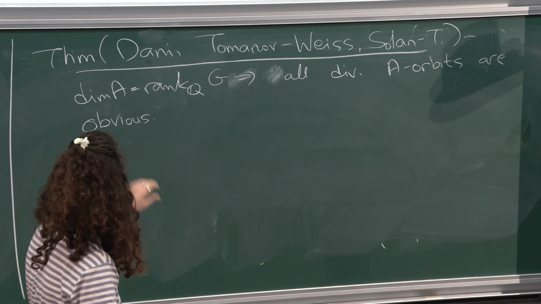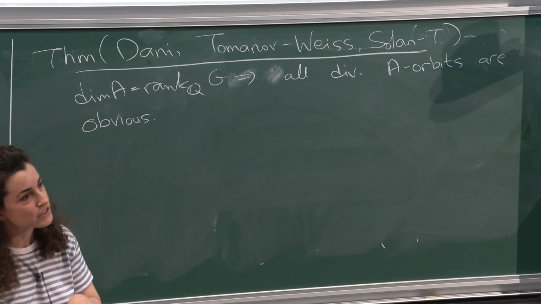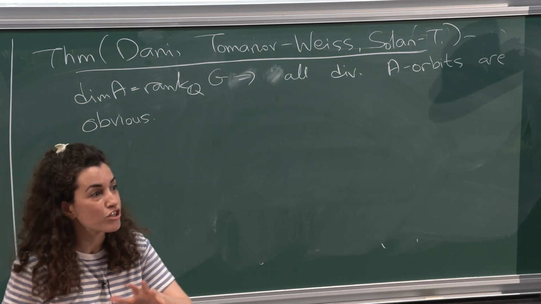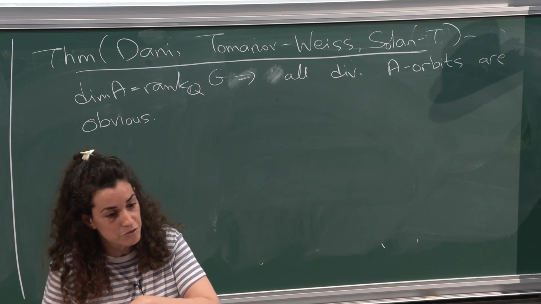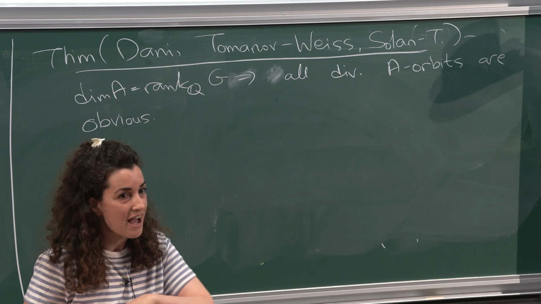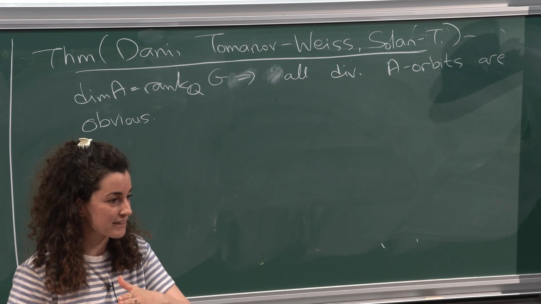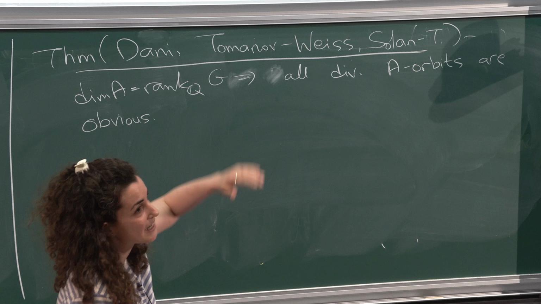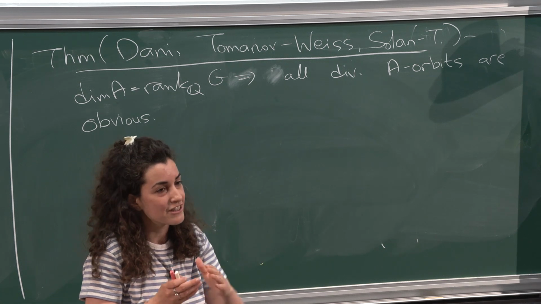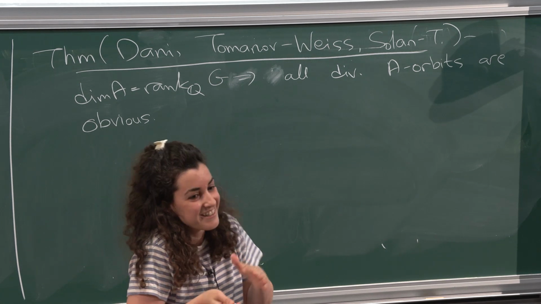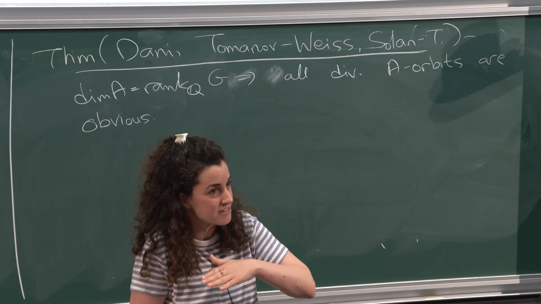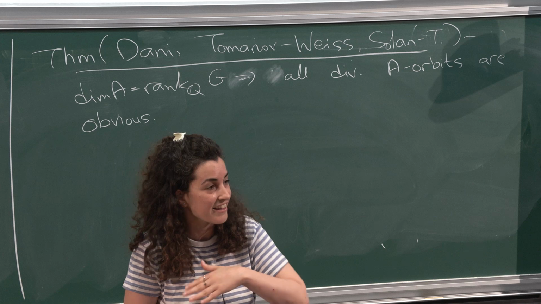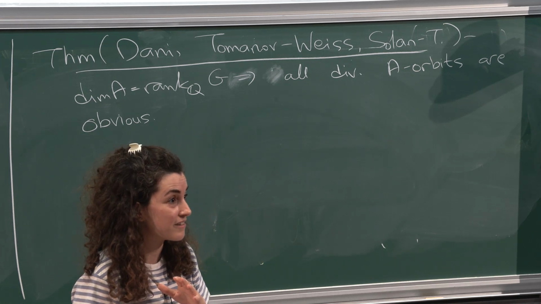But if my acting group is two-dimensional, I suddenly cannot move between these different types of orbits. Because if I try to move from one of these lines to a different line, I don't have enough freedom to do it without going through something that is not a cusp. And then I will go back to a compact set.